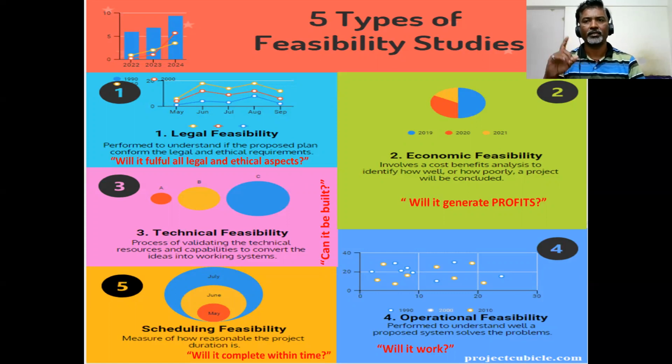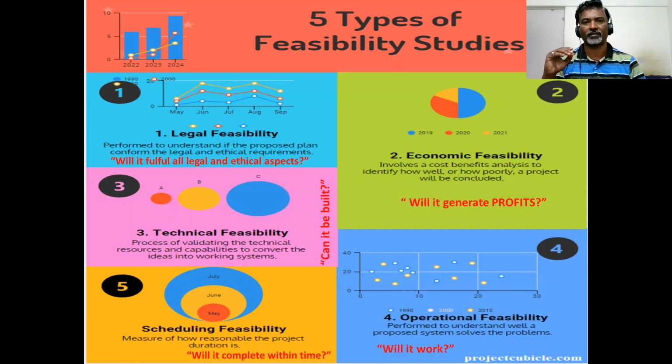In this case, you have to verify whether the application you are developing is within the constraints of law and ethics. Suppose you have developed an application used by a particular organization, and that organization wants to get ISO certification.